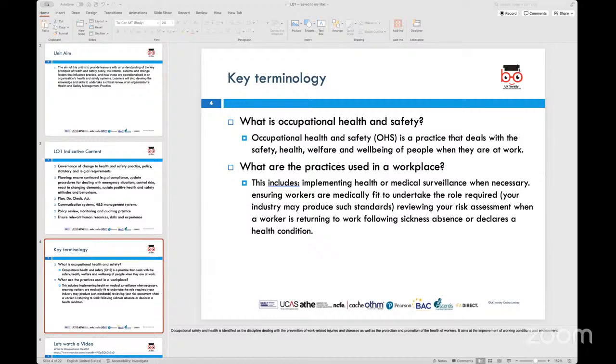So when we talk about the difference between health and safety, health is the general well-being of the individual, physical, emotional, and social, and safety means the place is safe for the individual to work. Sometimes in workplaces, female employees can say, I feel intimidated.